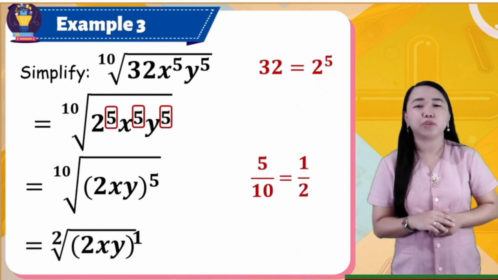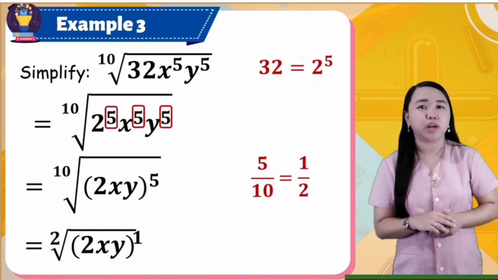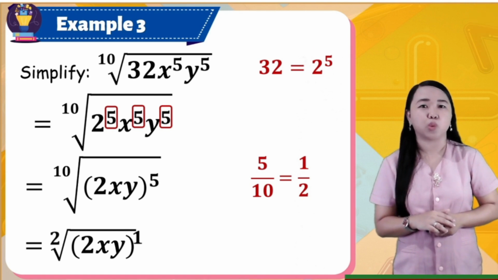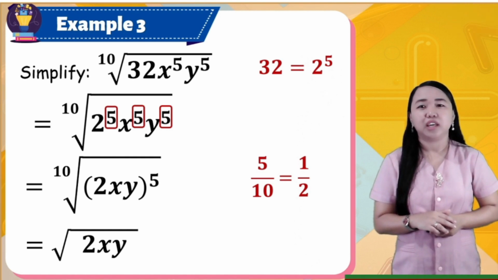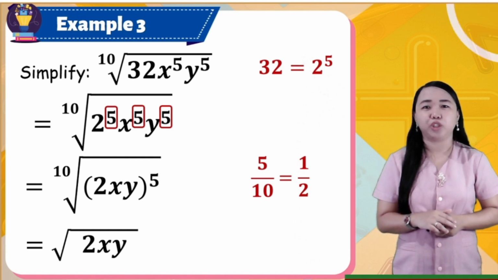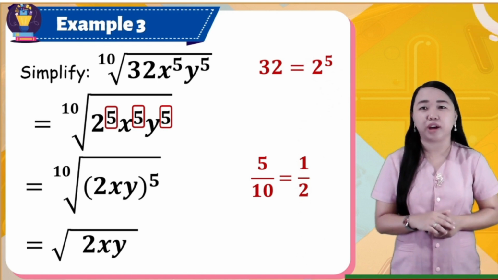We don't need to write the index if it is 2 and the exponent if it is 1. Therefore, the simplified form is square root of 2xy. You can use any method you want as long as the process is correct.